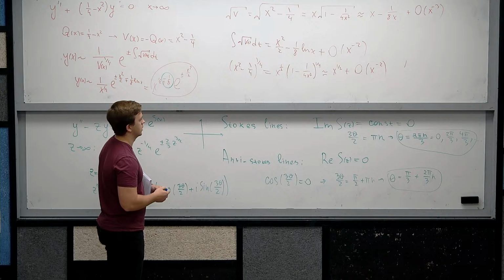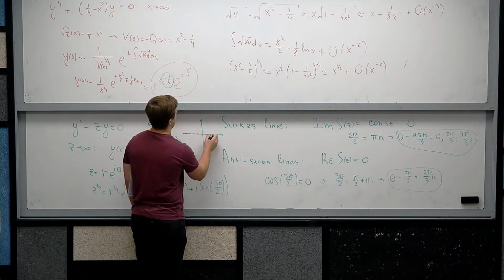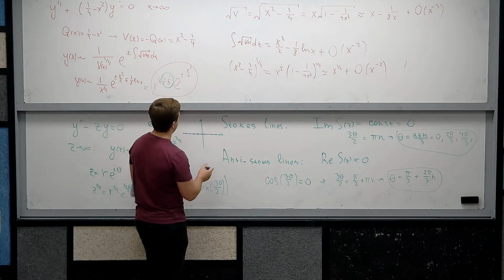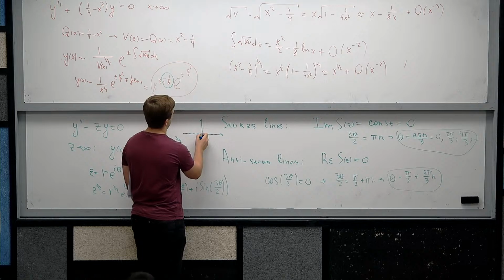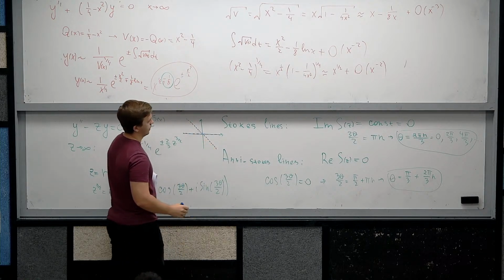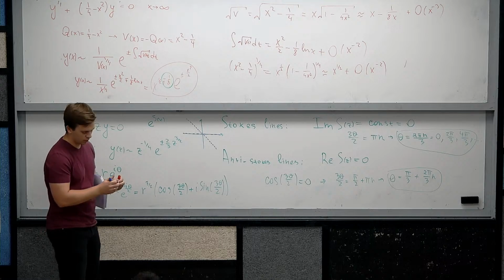So the Stokes lines are this one, then 2 pi over 3, like this. This is a Stokes line. And then the anti-Stokes lines.